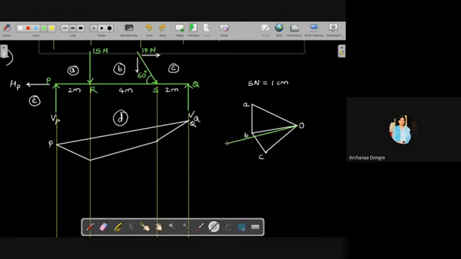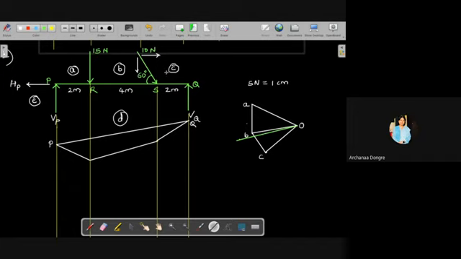The reference lines on the right I have drawn only as a reference. My diagram is not accurate and not to the scale, so this line may go up also. You have to be careful to draw it parallel to this and to the scale. This looks parallel to this, so I have drawn it like this.